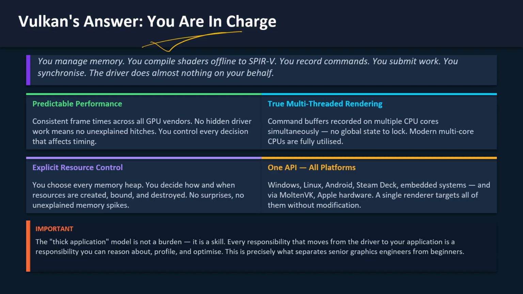Now the next point is that Vulkan provides you explicit resource control. That means you manage the memory yourself. You can manage memory heaps, and you can allocate where you want to do the allocation.